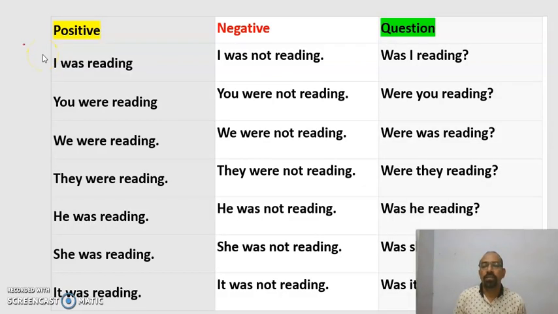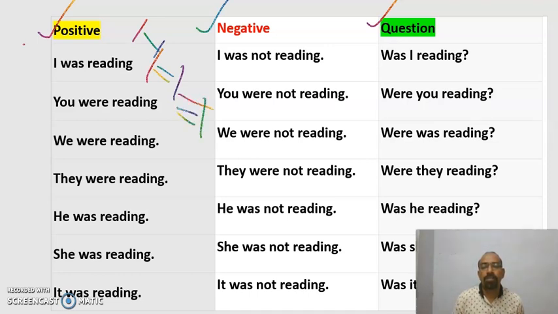Now let us check different past continuous sentences in positive form, negative form and question form with all the subjects: first person, second person and third person subjects.